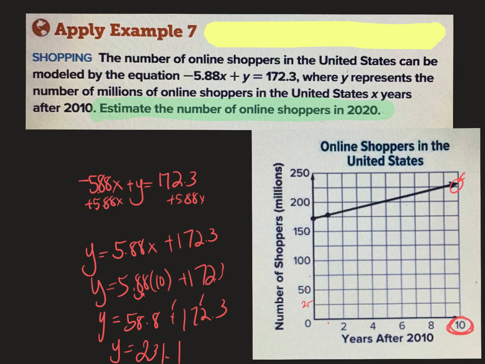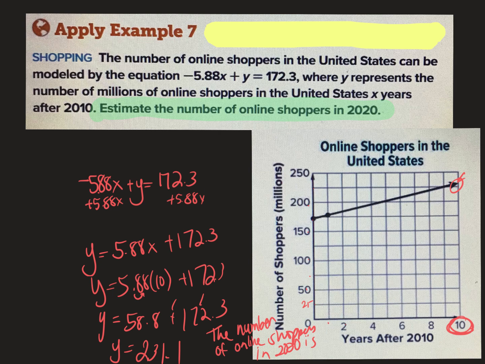So, I'm going back to what I highlighted green, the number of online shoppers in 2020 is approximately, or actually, we don't have to approximate.